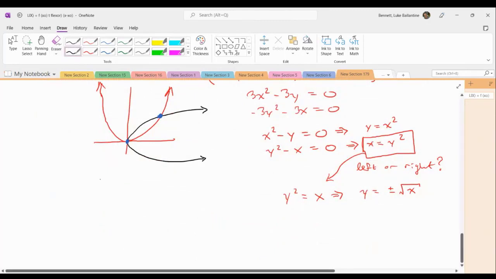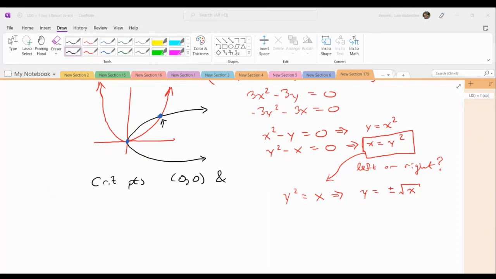We have 0, 0, and what is this point up here, guys? What is this upper one? Someone tell me. What is this upper point? Is it 1, 1? Yes. Yep. Okay. And then so this is the answer to the first part.